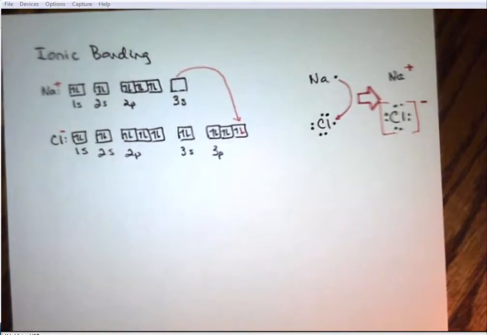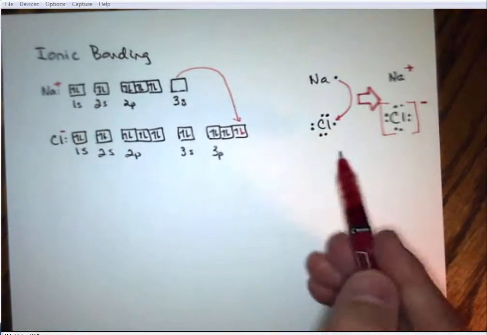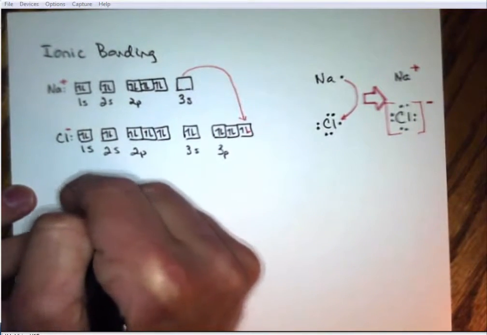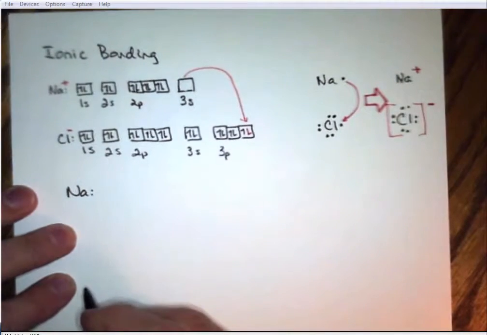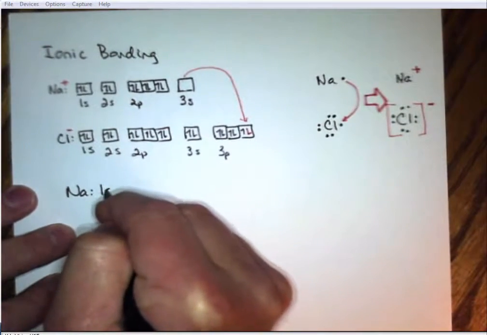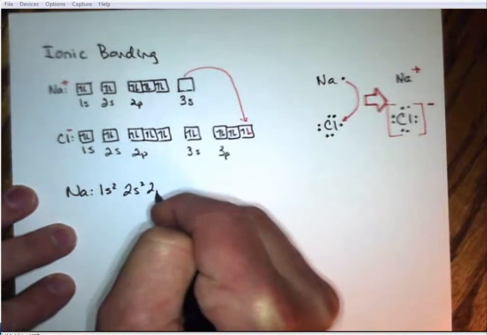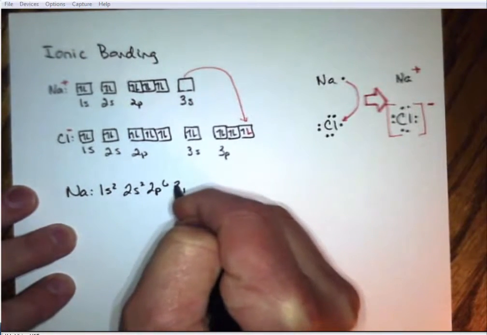You follow me? Okay, so we're doing it with orbital notation, we're doing it with electron dots. Now I could do it with electron configurations. It doesn't really make as much sense, but let me show it to you. We won't be using it past today, but I'll just show it to you real quick. Here is sodium's electron configuration: 1s2, 2s2, 2p6, and 3s1 is what we're starting with.